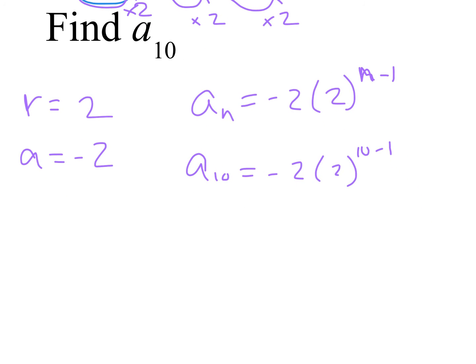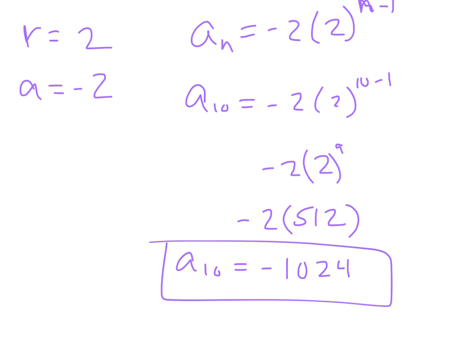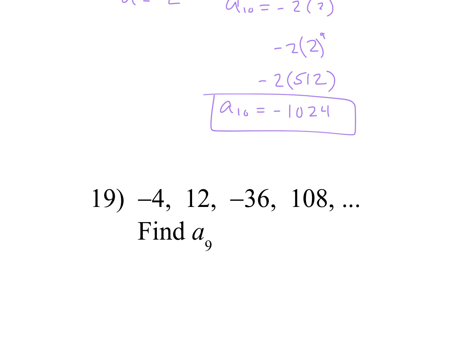What do we have to do first? Ten minus 1. So we have 2 to the power of 9 times negative 2. So 2 to the power of 9 is 512. Then we have 512 times negative 2. What do you guys get for your answer? Perfect. Negative 1024. Awesome.